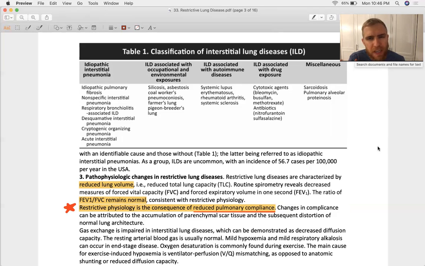We don't have a very good definition of sarcoidosis yet pathologically, but we know exactly what it looks like. And then there's pulmonary alveolar proteinosis, which is its own category as well, because that's going to be a surfactant overproduction, and the lungs are going to get very, very wet and boggy. And so it leads to interstitial scarring very indirectly.